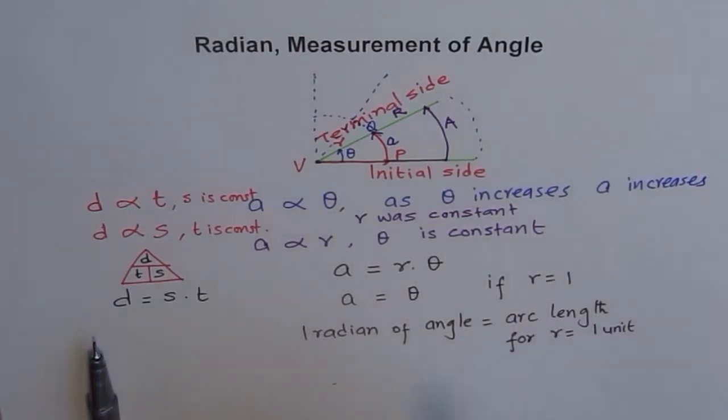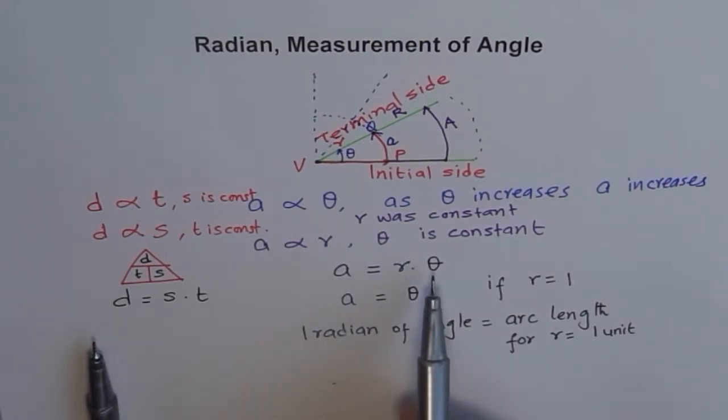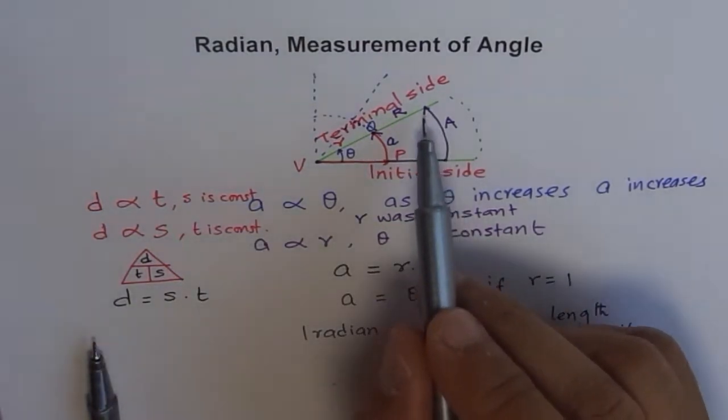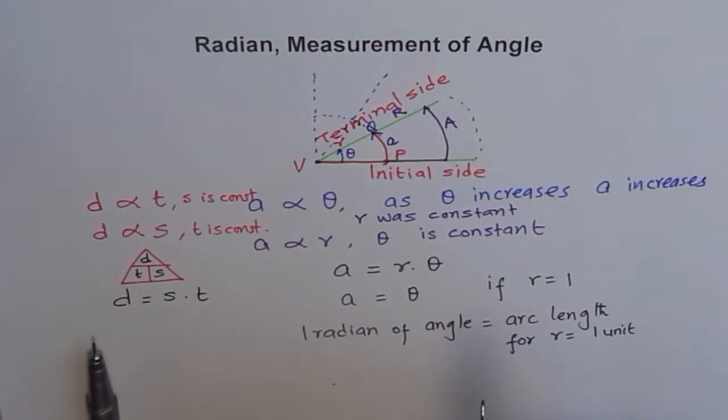Does it make sense? If r is 1, then arc length is equal to theta, the angle. And we call this angle 1 radian. Okay? So that's the basic definition of 1 radian, and that's how we understand radian. It is the length of the arc when radius is 1.